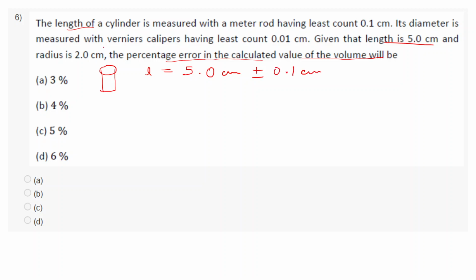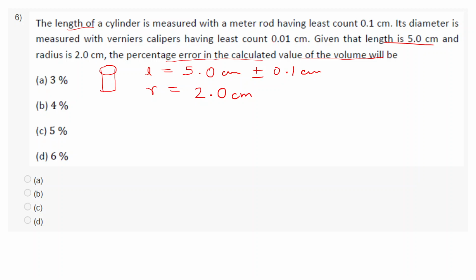Okay, next is its radius. Its radius is measured to be 2.0 centimeter and the equipment used is a vernier caliper whose least count is 0.01 centimeter.